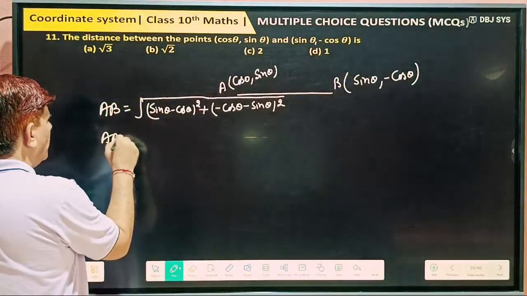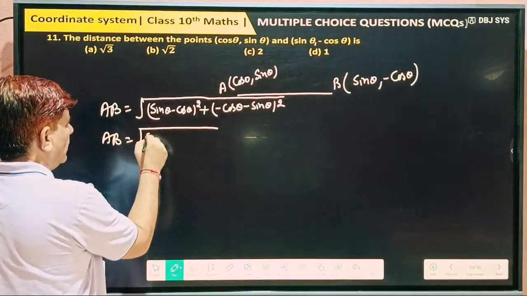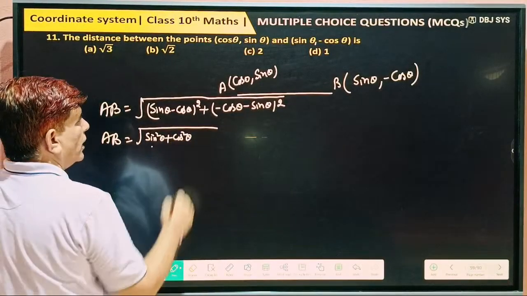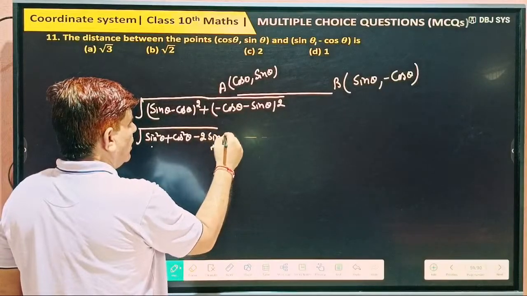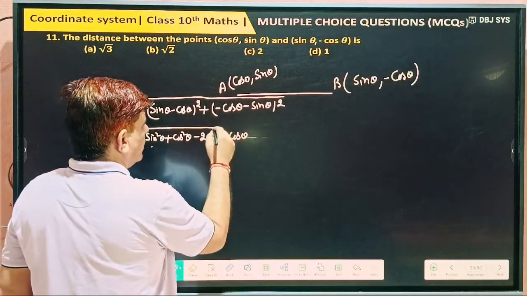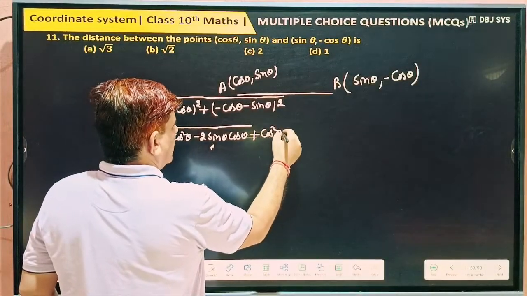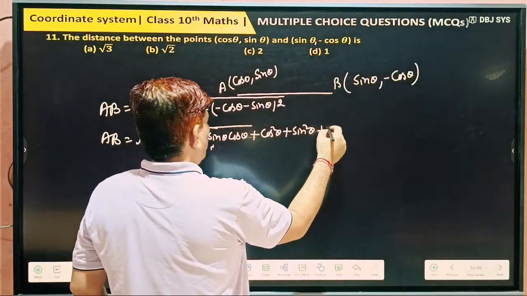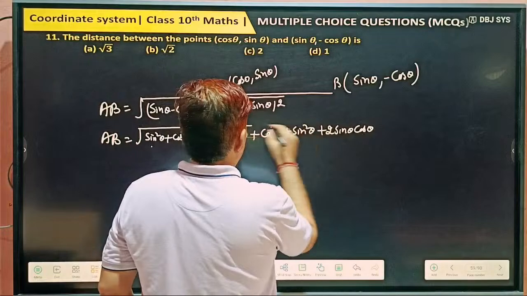So AB is equal to under the root of sin square theta plus cos square theta minus 2 sin theta cos theta. Now this plus cos square theta plus sin square theta plus 2 sin theta cos theta, till here.